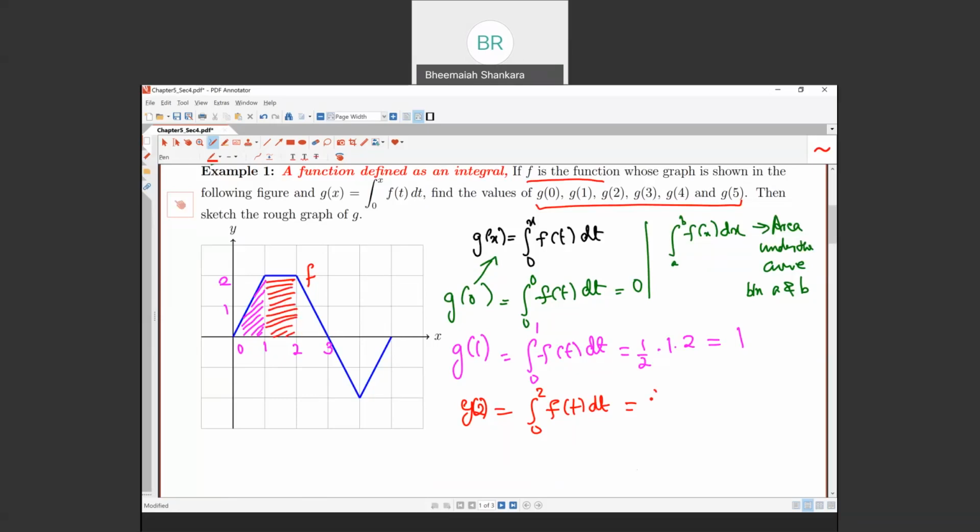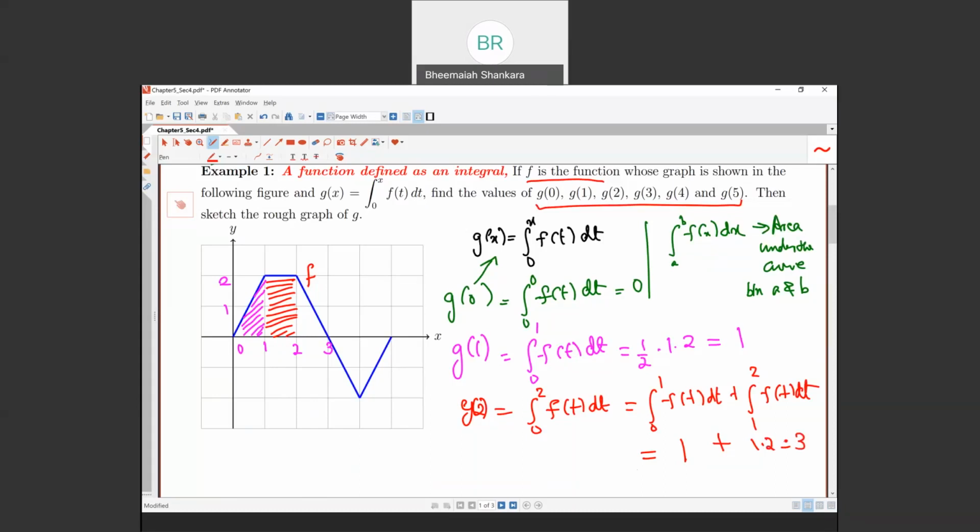So I'm going to divide this integral as 0 to 1 of f of t dt, and then 1 to 2 of f of t dt. 0 to 1 we already calculated on the top, its integral value is 1. 1 to 2 you read as a rectangle, so it's base times height. The base will be 1 and the height will be 2. So it's 1 times 2. Simplify, you get 3.